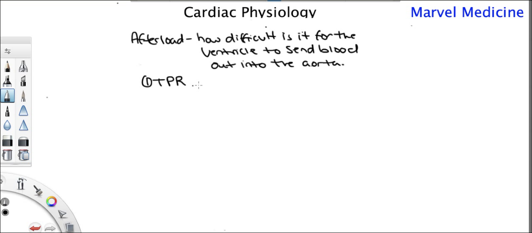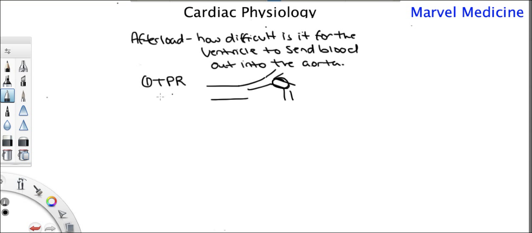What does that mean? That means when you have your big arteries that branch off into different little arterioles, etc., what's the resistance going on over here? Is there a lot of resistance or low resistance? Why?